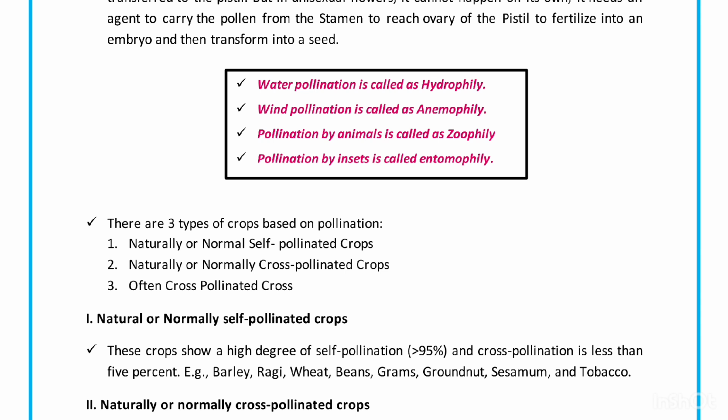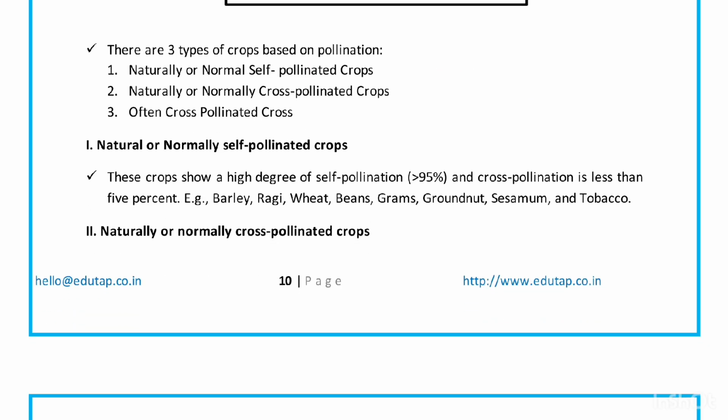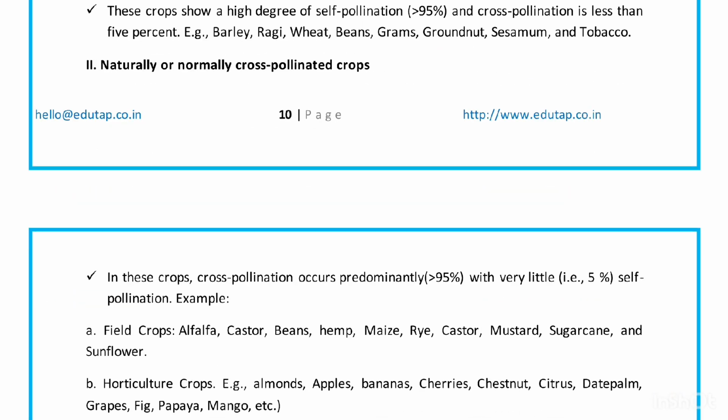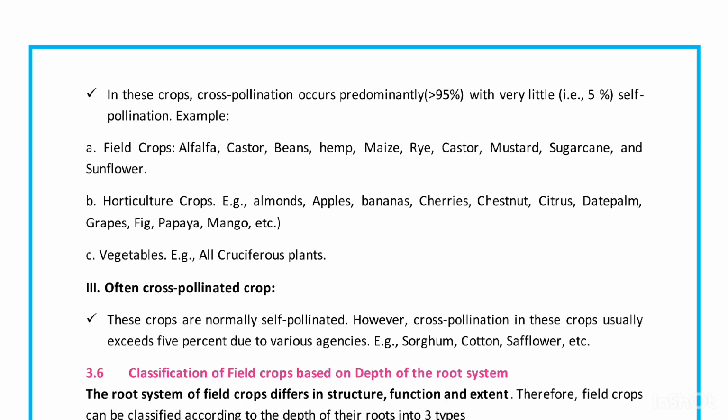In flowers there can be a condition where we have either a male part or a female part. These flowers are called unisexual flowers. It means they have either male or female part. There is another category called bisexual flower. Here the flower has both male and female parts in it.